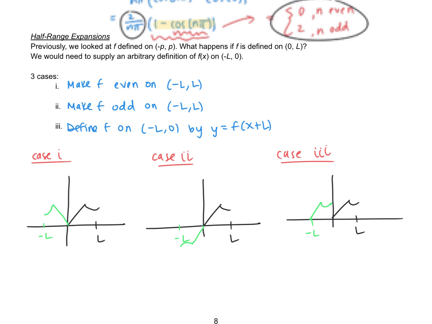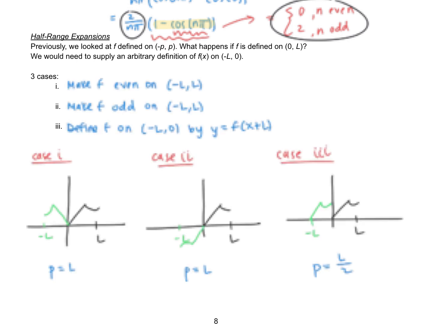So looking at these different cases, in case 1, our p would end up being L. In case 2, our p would also end up being L. But then in case 3, our p would end up being L over 2.